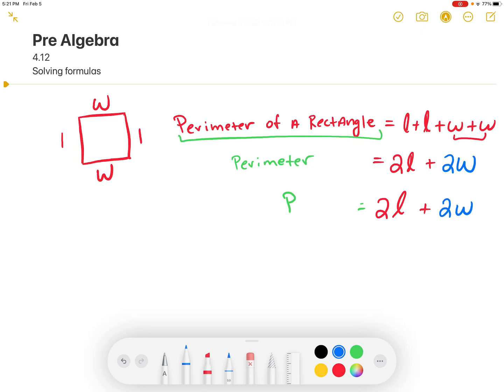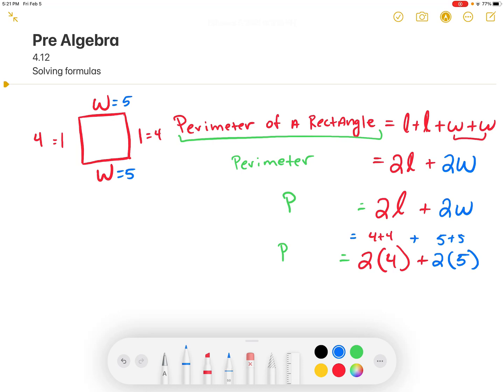And if we tested this out, we can easily see that if the length over here was worth 4 and the width was worth 5, and we just substituted those values in, we would get 2 times the length, which is 4 plus 4, added to 2 times the width, which is 5 plus 5.